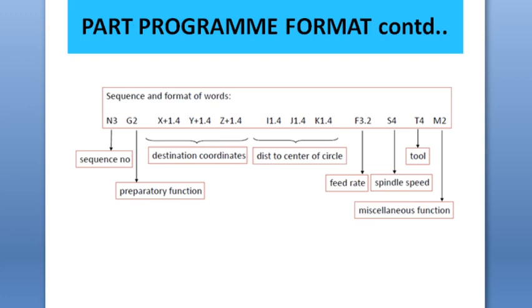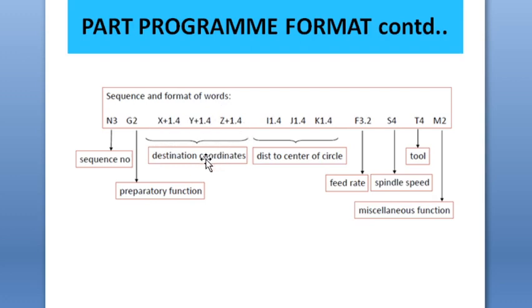This is the format. First, every program block starts with a sequence number represented by the alphabet N, then G preparatory function, which prepares the machine, then X, Y, Z, these are the destination of the movement of the tool or table.